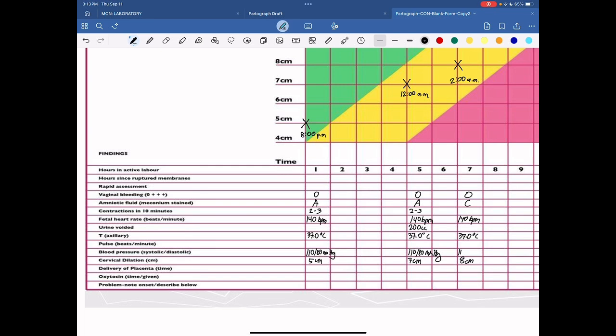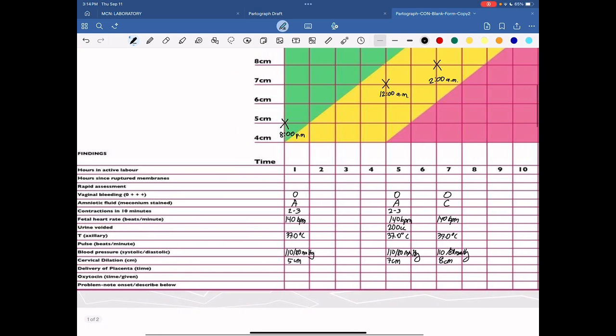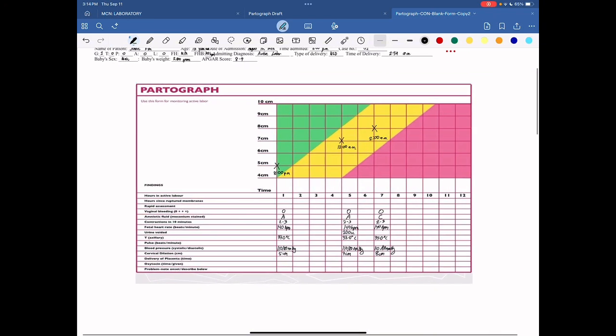Blood pressure is the same, 110 over 80 millimeters of mercury. And for the contractions, since again it was mentioned that other assessments were the same, we're gonna put 2 to 3. So that is it for our assessment at 2 a.m.